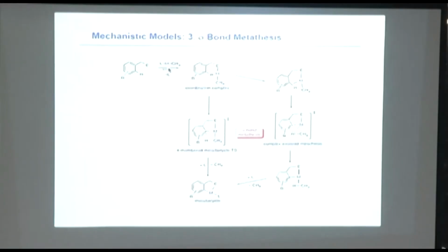And then the third mechanism we see is the so-called sigma bond metathesis, which is kind of a disproportionation reaction, if you like, where the metal and the ligand interact simultaneously with the CH bond. It's a dipolar interaction, so the ligand interacts with the hydrogen and the metal interacts with the carbon, and you see these are opposite interactions.